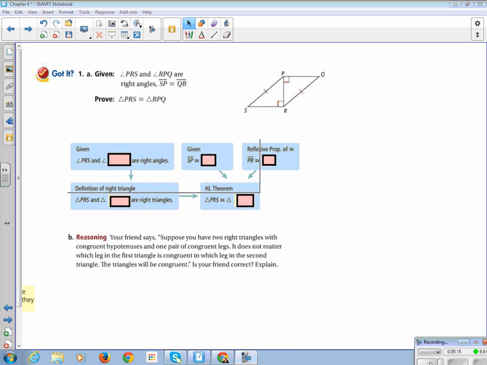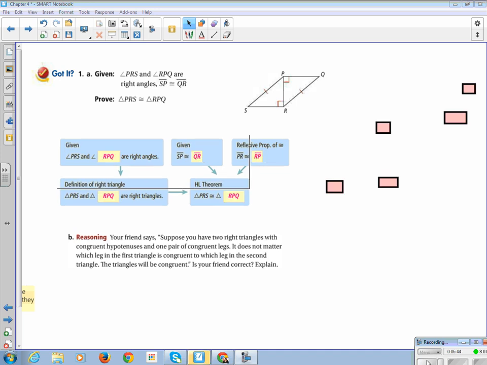All right, so let's see if we can apply hypotenuse leg to this situation here. If angle PRS and angle RPQ are right angles, and SP is congruent to QR, we want to prove these triangles are congruent. So we are given that angle PRS and angle RPQ are right angles.